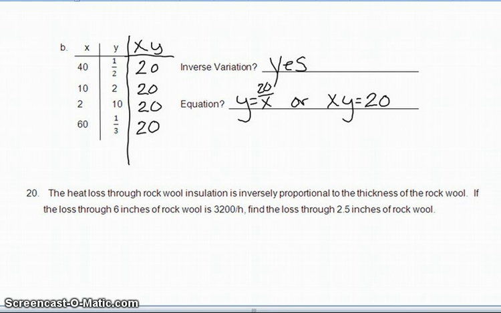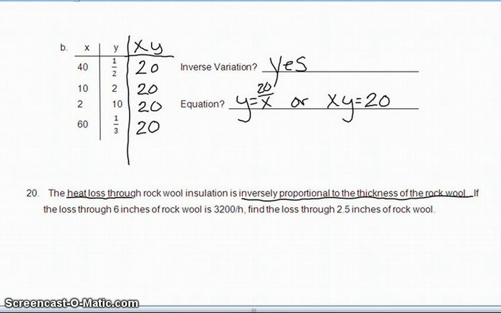So 20. The heat loss through rock wool insulation is inversely, let me start over, shall we? The heat loss through rock wool insulation is inversely proportional to the thickness of the rock wool. Makes sense. Heat loss is inversely proportional to the thickness, meaning the thicker, the less heat loss.